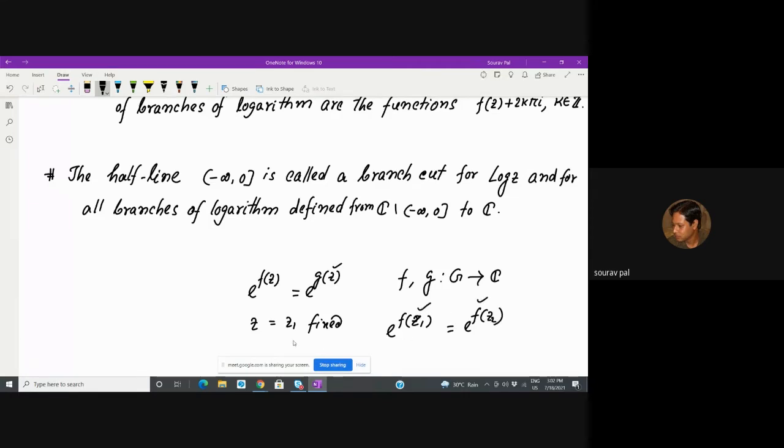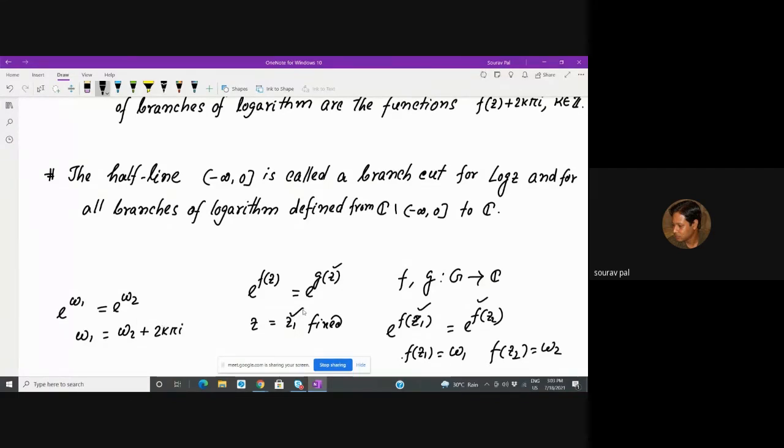If you call f(z1) to be w1 and g(z1) to be w2, then what does it give us? It gives us e to the w1 is equal to e to the w2. And we have that w1 is equal to w2 plus 2k pi i. So this is what we have.